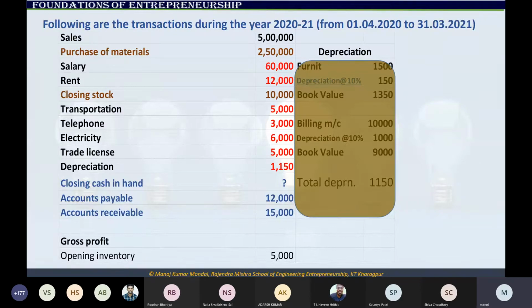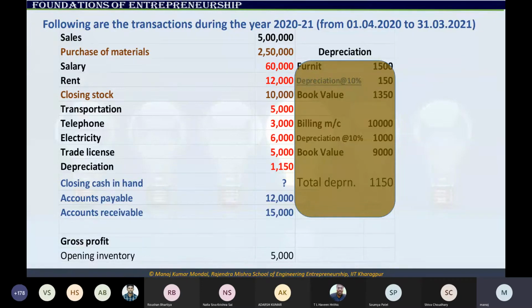So here for this example, I am taking a uniform depreciation rate of 10%. So furniture 1500 rupees, depreciation is 10%. Billing machine 10,000 rupees, depreciation is 10%. Now the original value is 1500. During the year, you think that 10% of the value has been reduced. So you apply 10% depreciation, so it becomes 150 rupees.